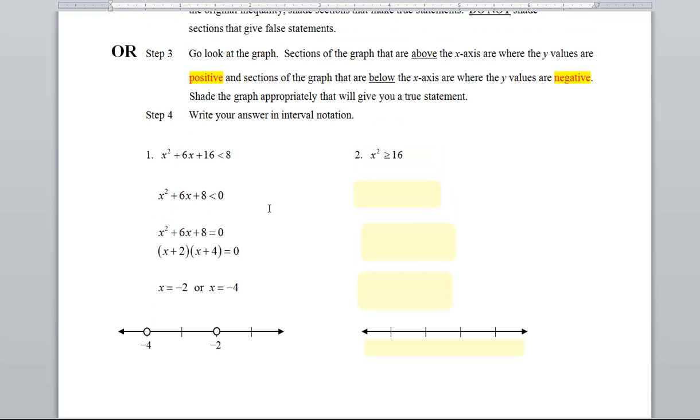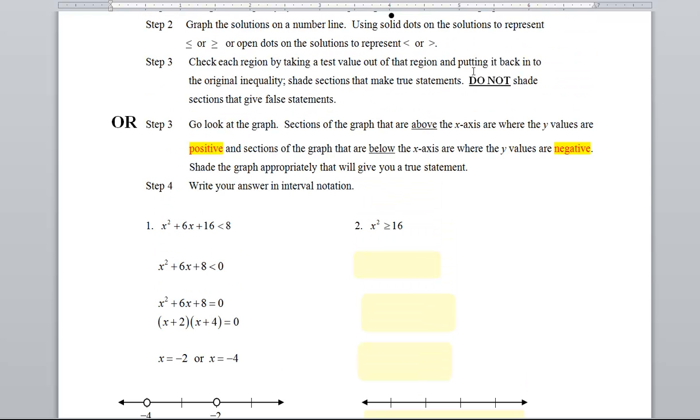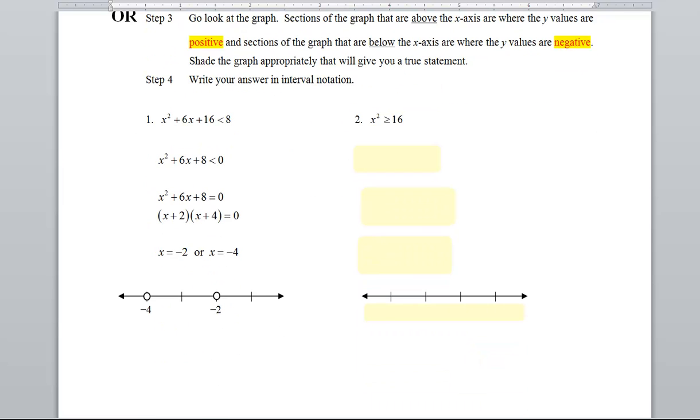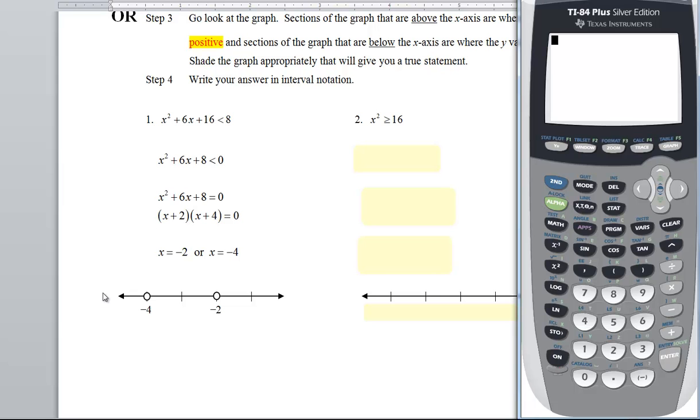And now it says to check each region by taking the test value out of that region and put it back into the original inequality. So let me get my calculator. I'm going to use negative 6. So negative 6 storing for x. Now I'm actually going to put it in this one because it's a little bit faster. I could put it in this one, but both of them will give me the same decision that I have to make.